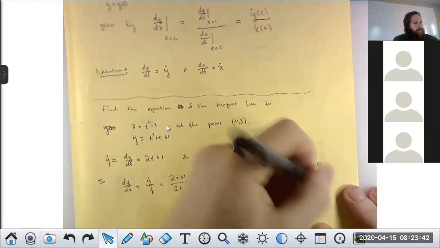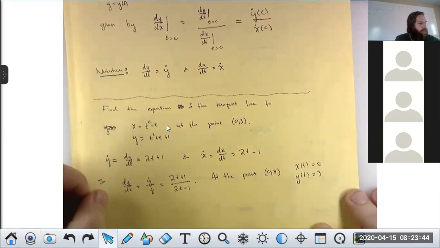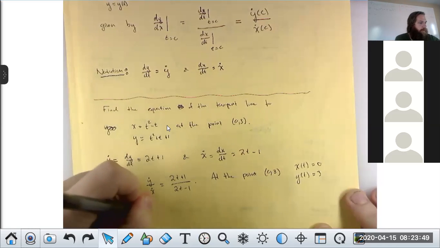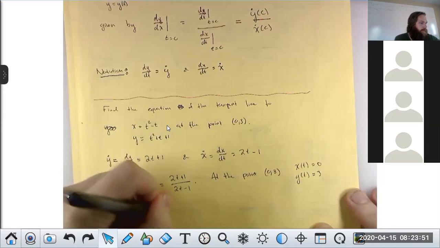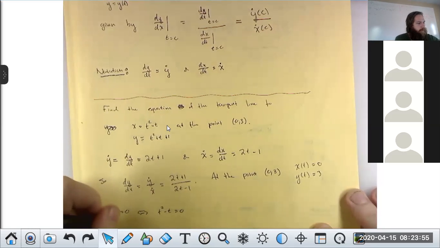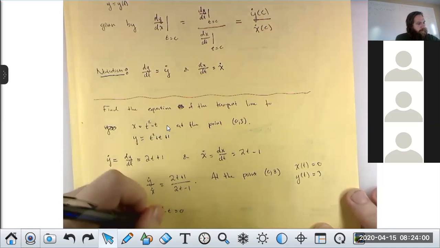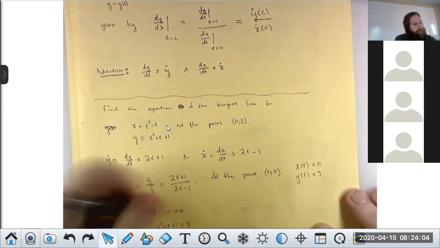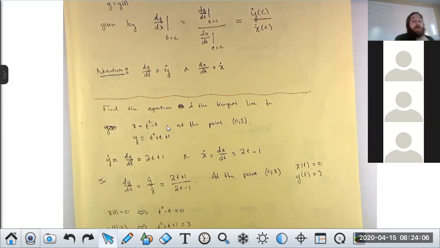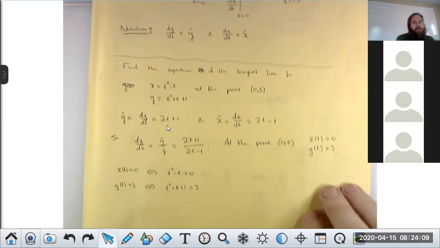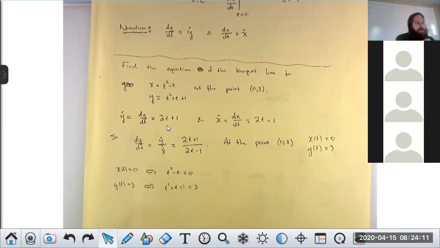This means, so x of t equals 0 means t squared minus t equals 0, and y of t equals 3 means t squared plus t plus 1 equals 3. So this is a nonlinear system, and solving a system like this could be difficult, but this one is not difficult.